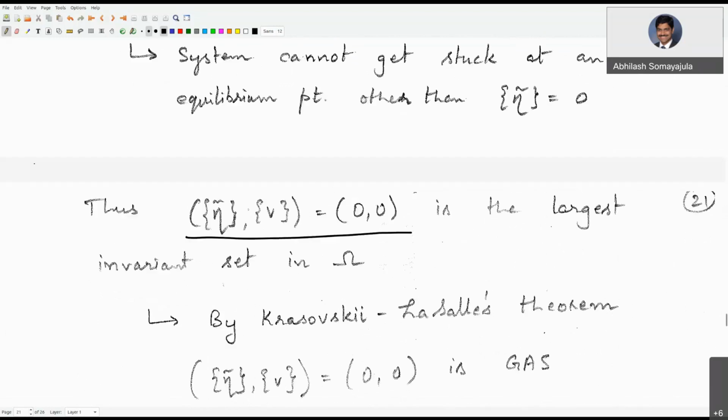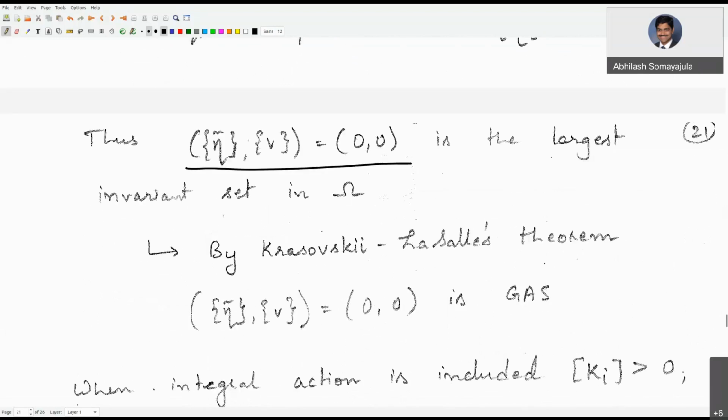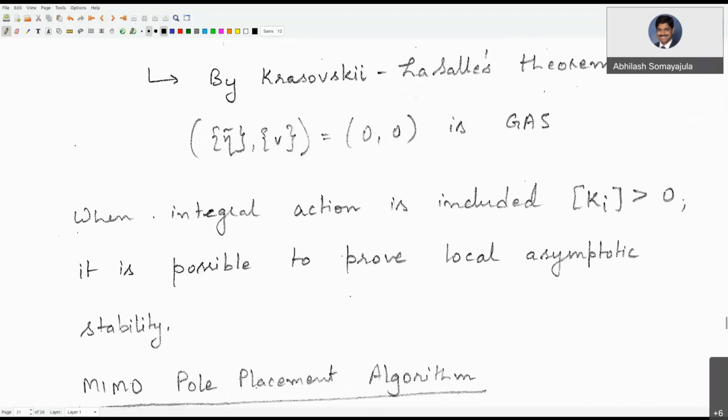This tells us that the PD control law which is chosen ensures that the 0, 0 error point is tracked really well. When integral action is included, we can show that the system is at least locally asymptotically stable, even if it is not globally asymptotically stable, because the integrator adds a few dynamics into the system which can render it unstable if the gains are not tuned properly.